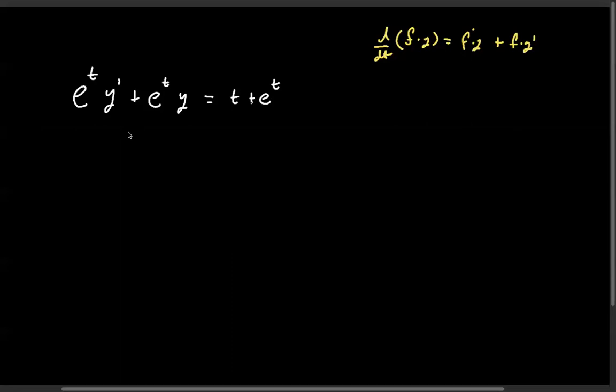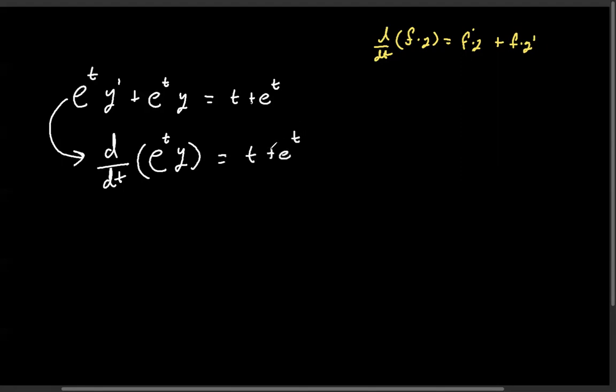We identified that that is the product rule, so we could rewrite the left-hand side as the derivative of e to the t y. That's the same thing. But what does that buy us?